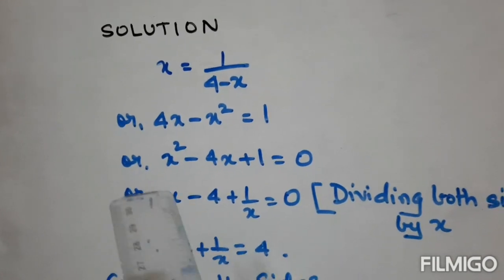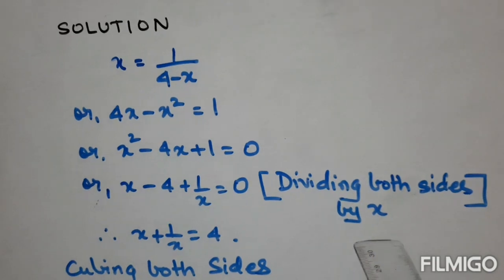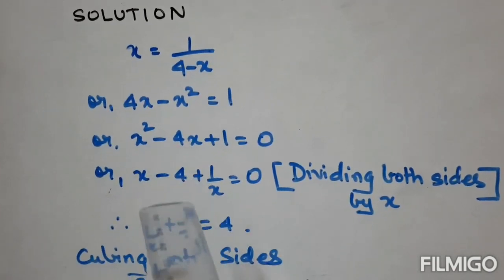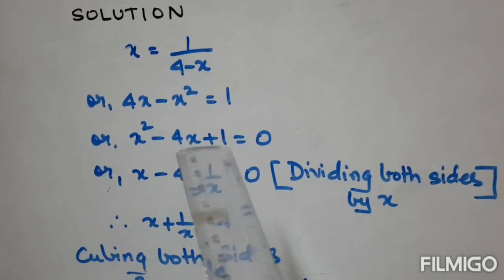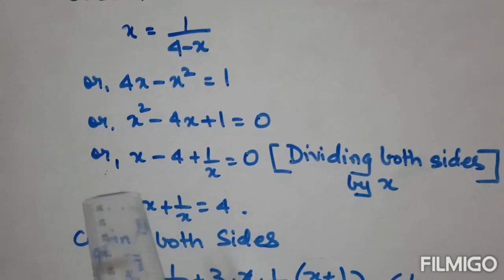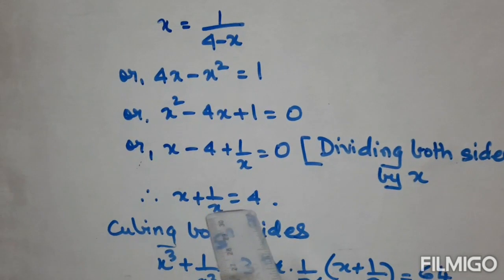Now dividing both sides by x, we get x minus 4 plus 1 by x equals 0. Therefore x plus 1 by x equals 4.